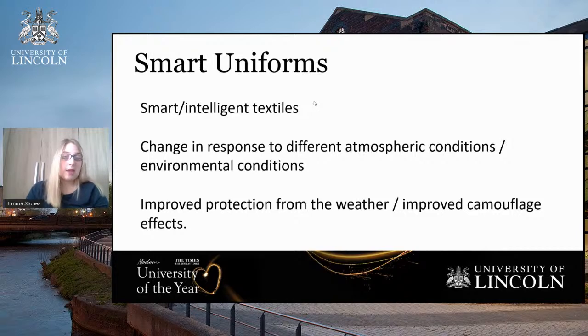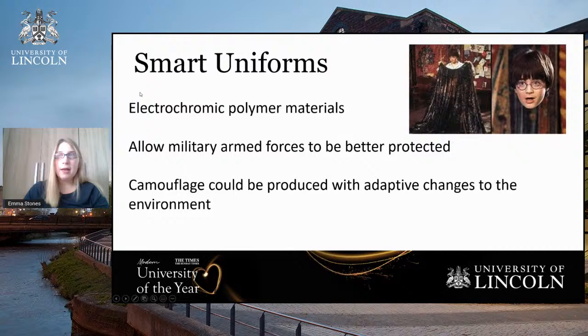So again, this can be useful to give improved protection from the weather. It adds convenience if materials can change in response to weather. Also, and as we'll see in the next example, it can help with improved camouflage, which again is always going to be beneficial. So here, the researchers have been looking at electrochromic polymer materials and how they change colour.